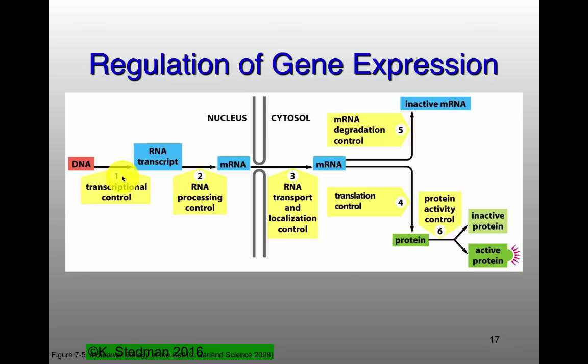It's really because that's the most energy efficient way to control any particular gene, but it also takes some time, and that's why you can have these wonderful circuits that we'll talk about in a couple of minutes now. So the transcriptional control really seems to be where the vast majority of gene expression regulation takes place, and that's why we spent so much time talking about it in this class.